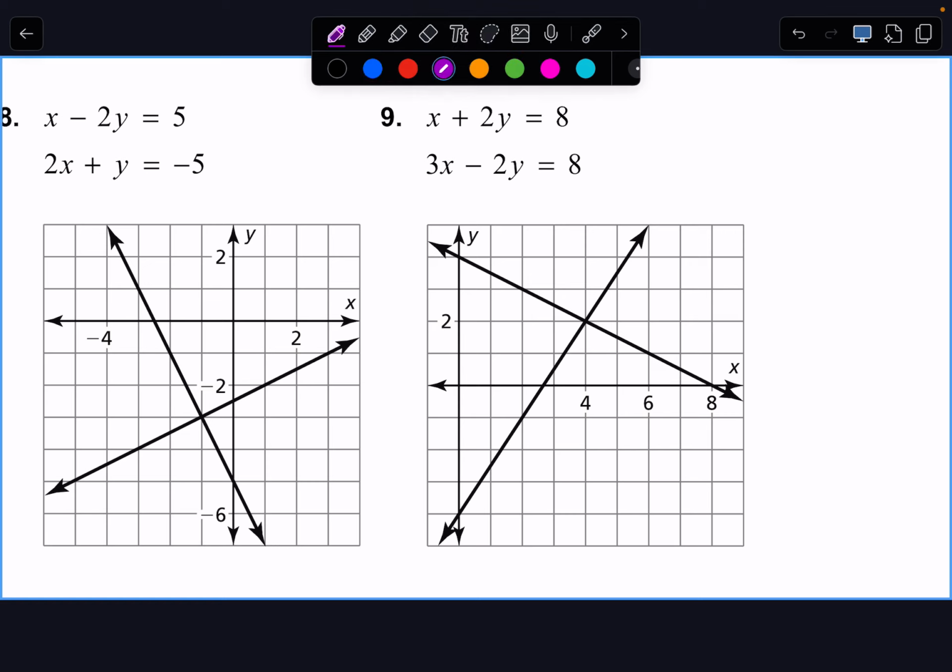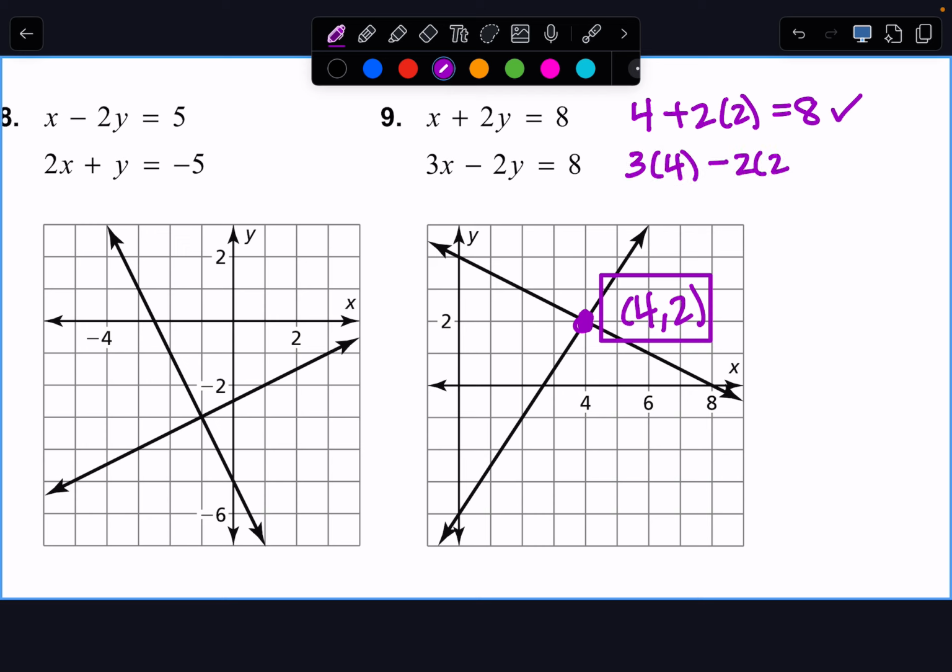Jace, what's our intersection point? 4, 2. Okay, so 4, 2 is the solution. When we plug it in to the first one, x plus 2y, does that equal 8? Yes. 3x minus 2y, does that equal 8? Yep.